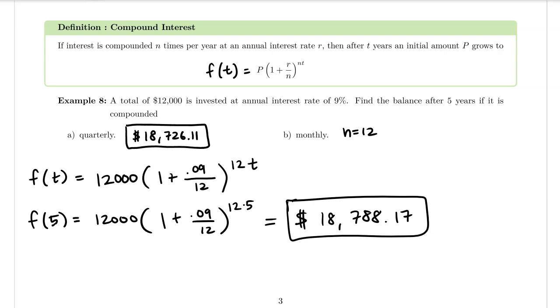And one thing that you can do is, because we're compounding more times per year in Part B than we are in Part A, we would have expected to have gotten a larger number, which we did. So in that sense, our answer makes sense, at least compared to Part A. So there's our final answer for example 8.